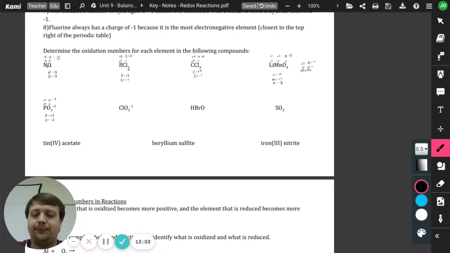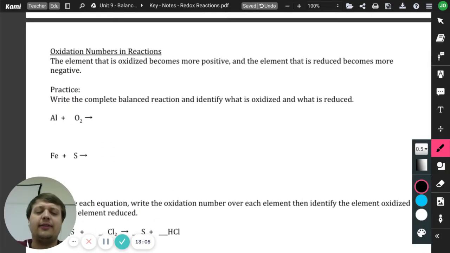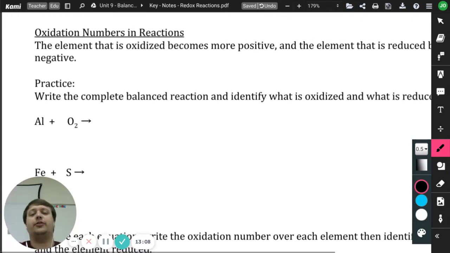All right. So now let's take a look at oxidation numbers in a reaction. We know that oxidation and reduction is about gaining and losing electrons. Typically when we talk about these, this is going to be throughout a reaction rather than just looking at an individual compound. Okay? Now, how do I do this?